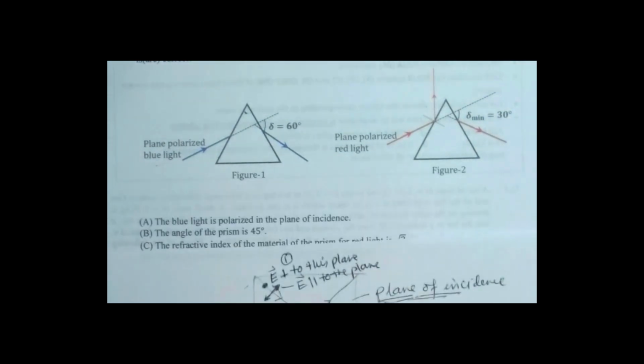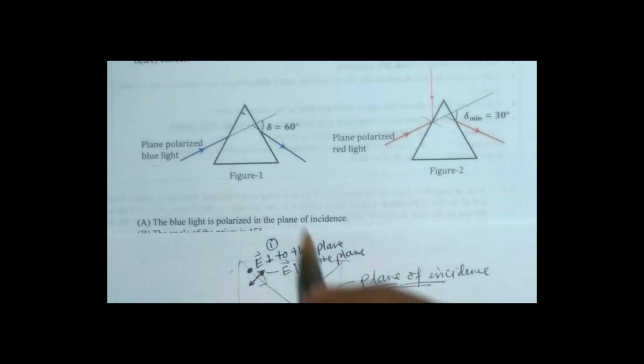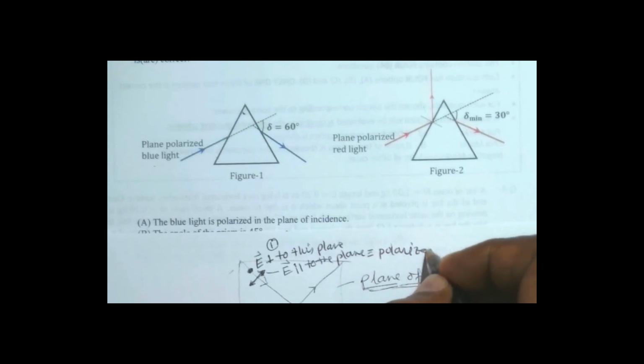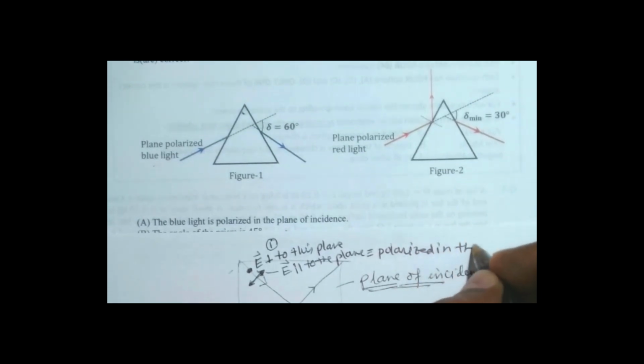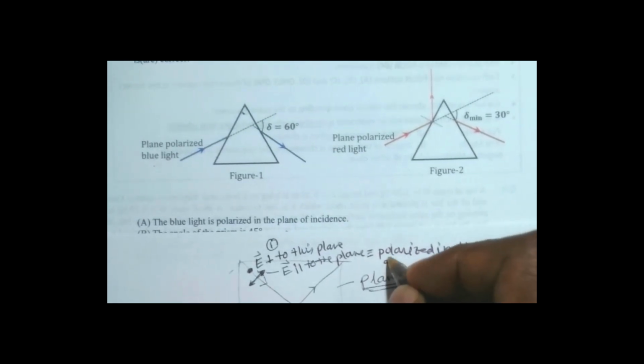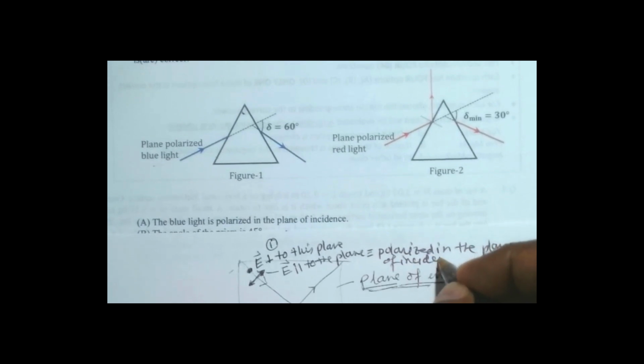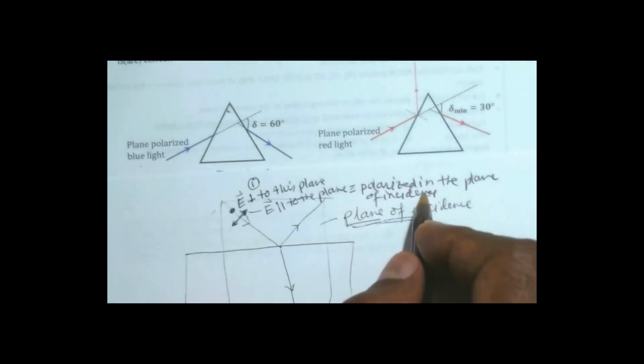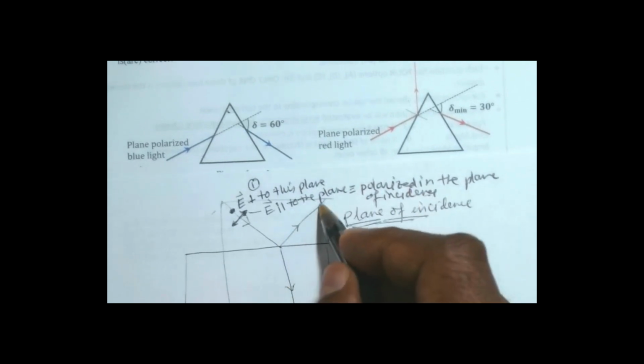So this is what this question is saying, polarized in the plane, also called polarized in the plane of incidence. So only in this case you're going to have a Brewster angle, where this ray will vanish.